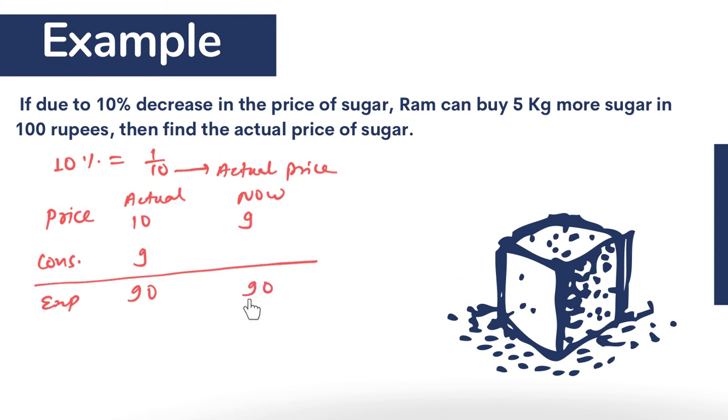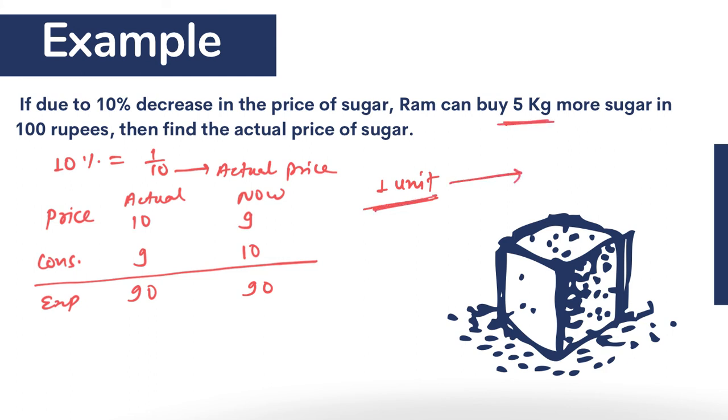Here the price is decreased to 9, and expenditure is still the same, 90. So how many units can I purchase? 90 divided by 9, so I will get 10. First his consumption was 9 units, now it became 10 units. So how much did it increase? 1 unit. So consumption increased by 1 unit, but according to the question it increased by 5 kg.